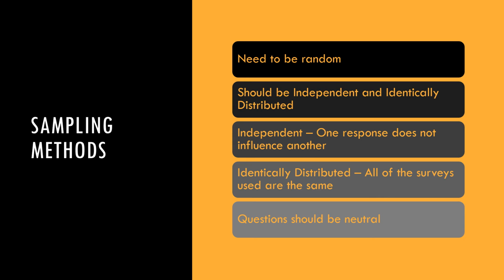They also should be independent and identically distributed. What this means is, for it to be independent, one response isn't going to affect another. So if I were to choose A in the survey, that wouldn't make you want to choose B or C. As for identically distributed, that means that all the surveys or the methods you use to collect your data are the same.